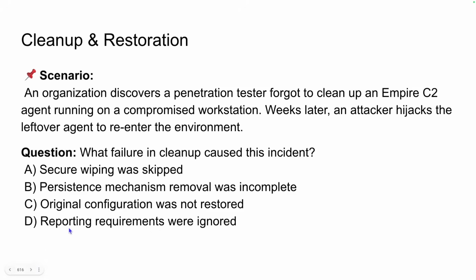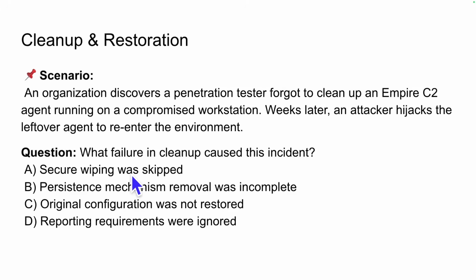So they didn't report that there was an Empire C2 that I guess somebody else could have probably taken care of, right? Or maybe they did report it, but the blue team didn't review it step by step, so maybe they missed it. Original configuration was not restored. This is technically not a configuration issue right here. This is a command and control server, or Empire, the framework itself, is used to establish command and control connections. So this is not necessarily a configuration issue.